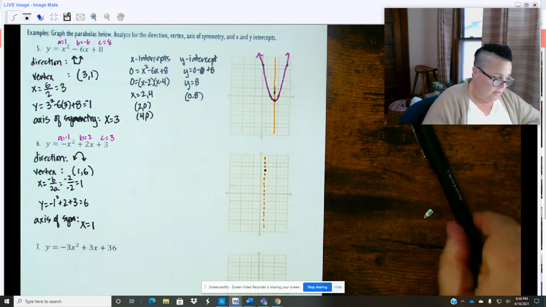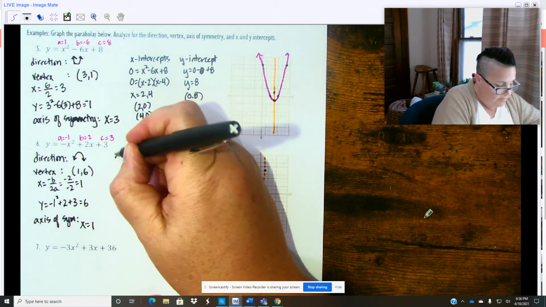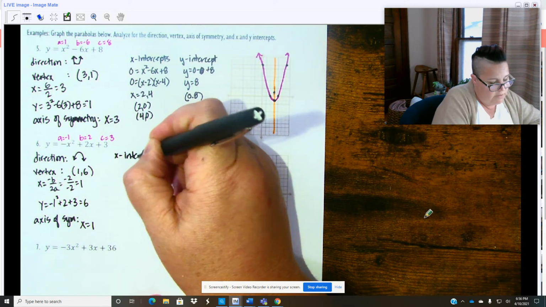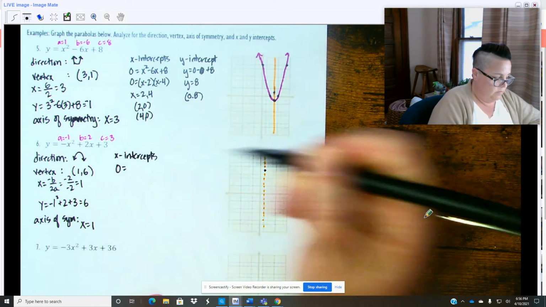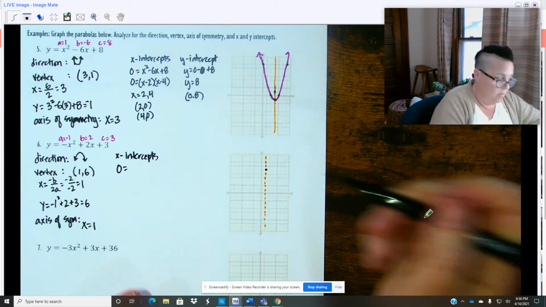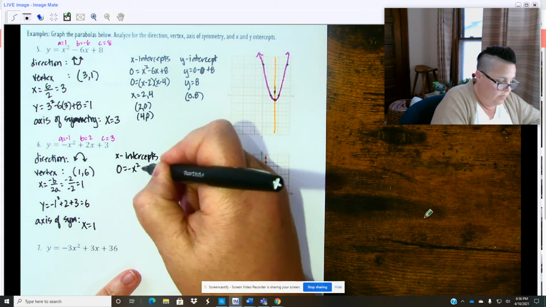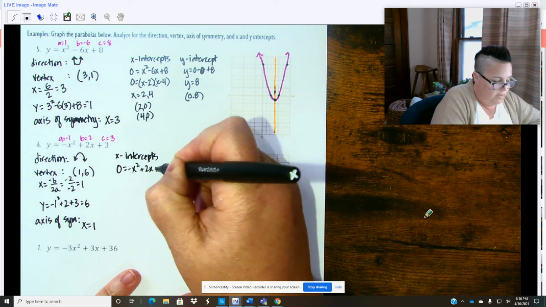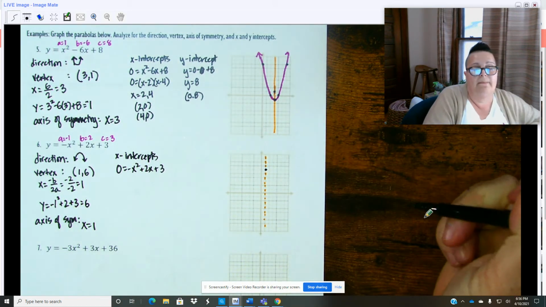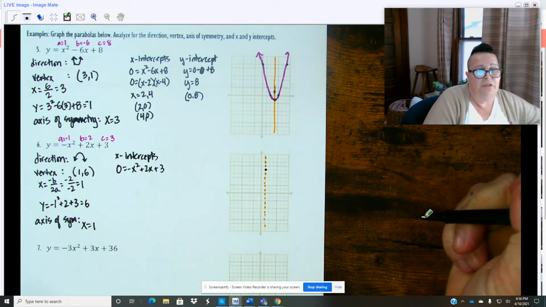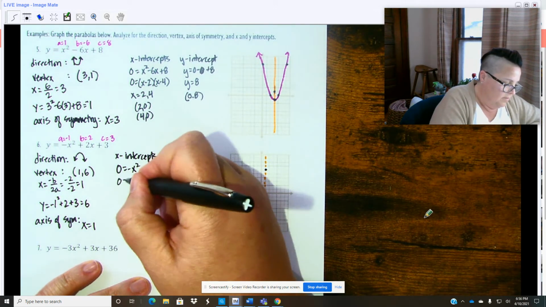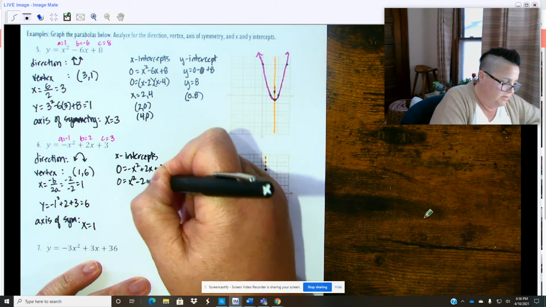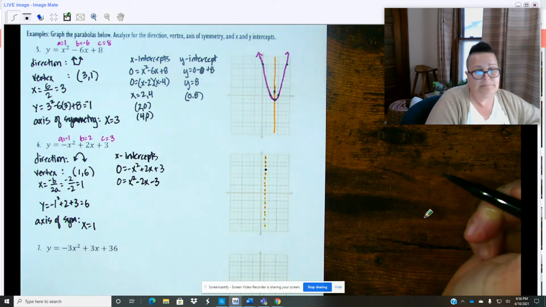Okay, now I need to find my x-intercept. Those occur when y is equal to 0. So I've got a negative x squared plus 2x plus 3. I'm going to multiply everything through by a negative and see if that helps me. 0 is equal to x squared minus 2x minus 3.